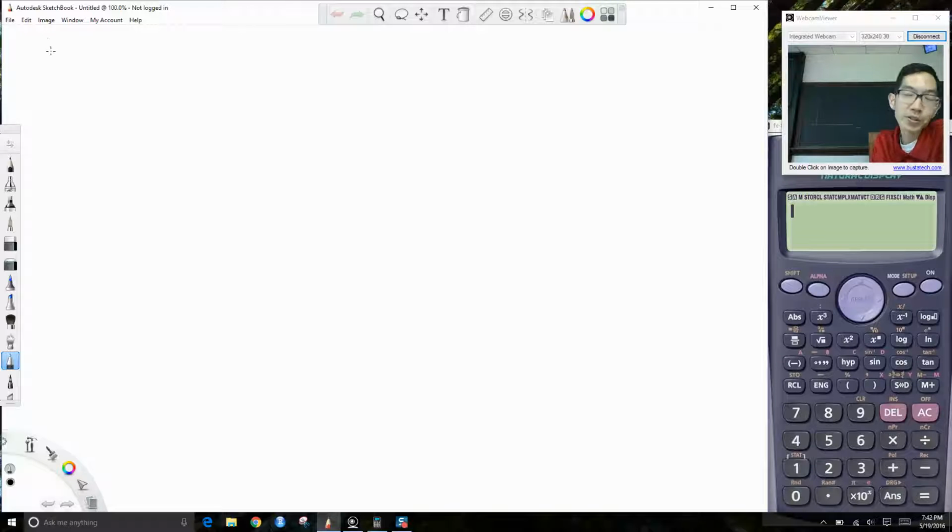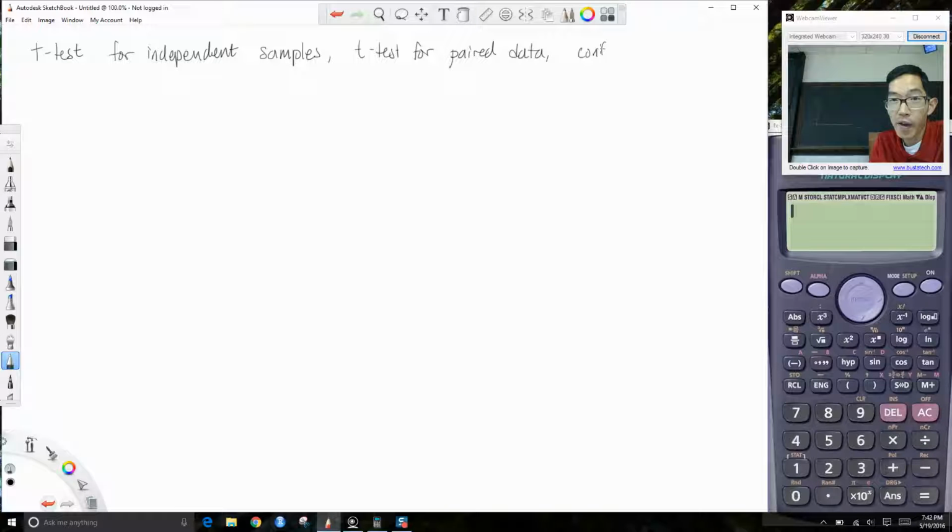So the t-test, whether it's for independent samples or the t-test for paired data, and even confidence intervals that use the t-distribution, these all fall under the category of parametric tests.